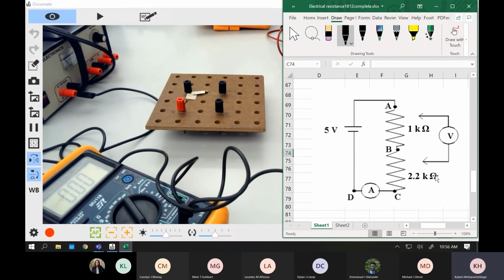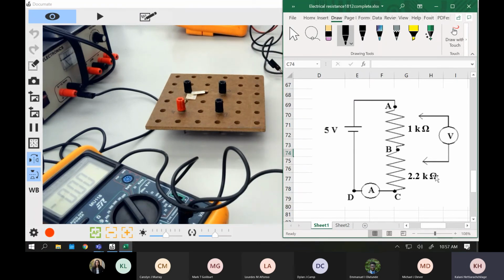Just write down the numbers, whichever you get. How many readings are left?